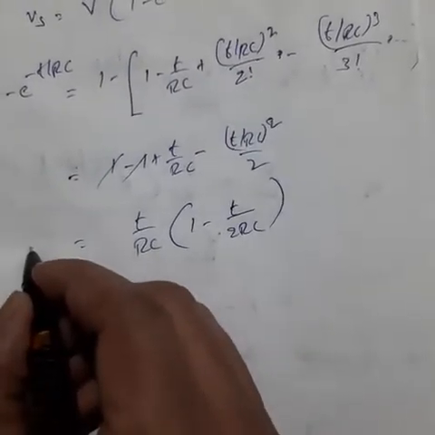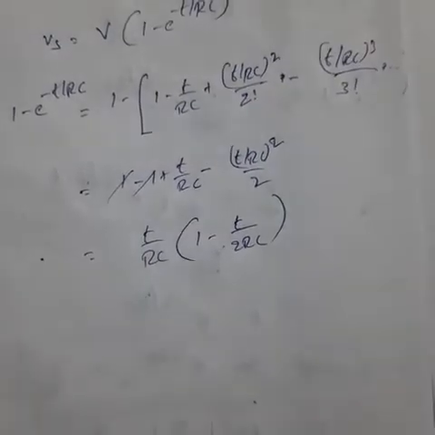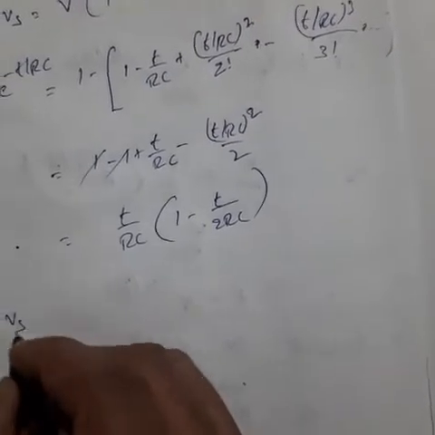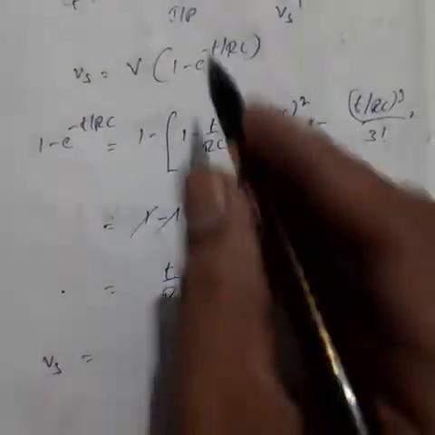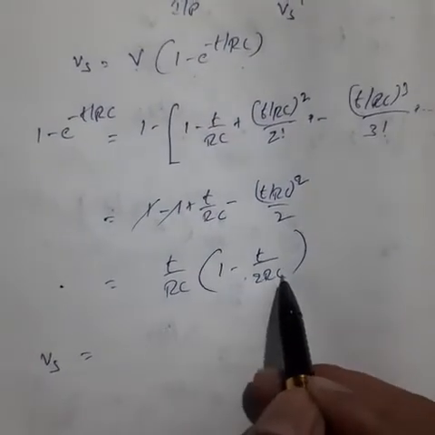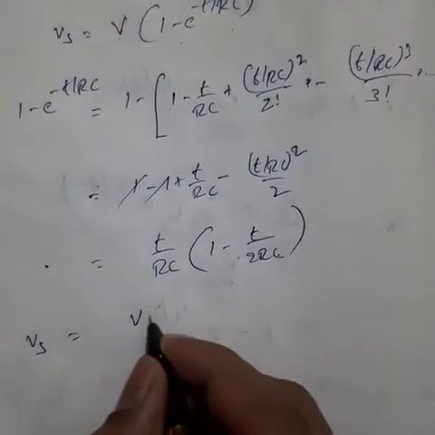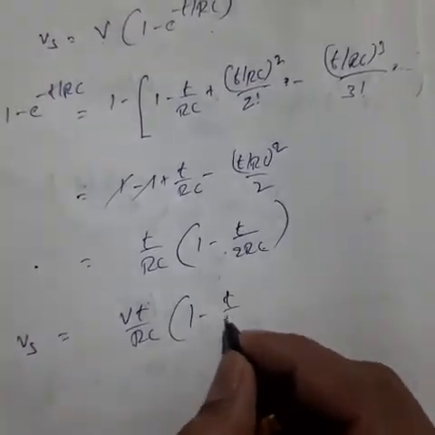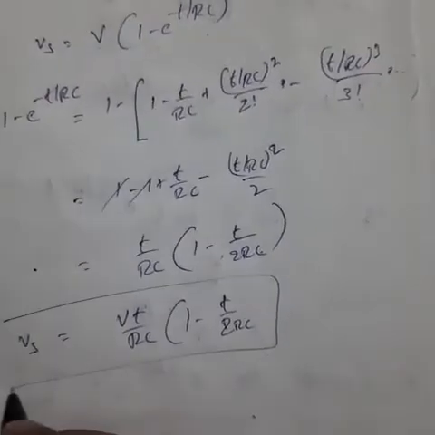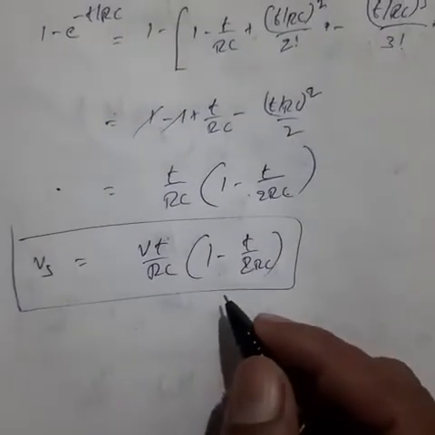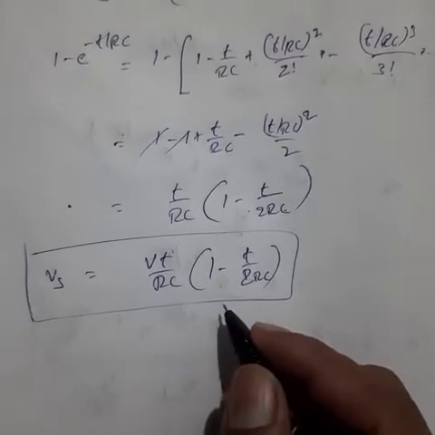This is the value of 1 minus e power minus T by Rc. Then Vs equals V into that, so Vs equals V T by Rc into 1 minus T by 2Rc. This is the Vs value.